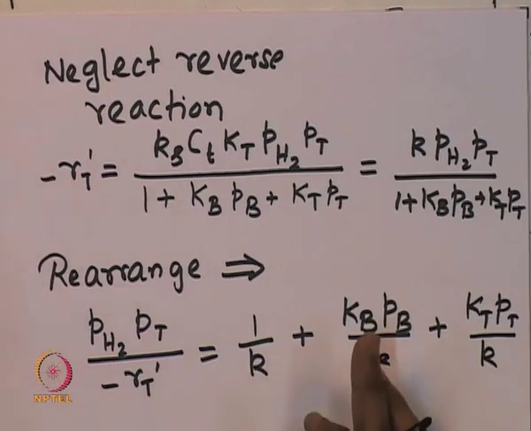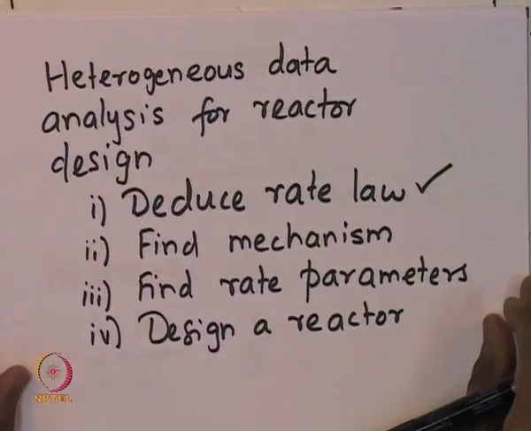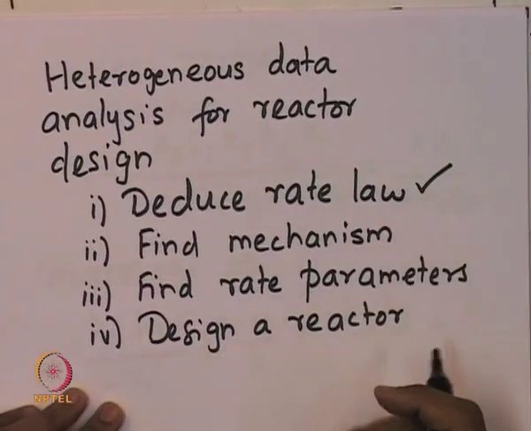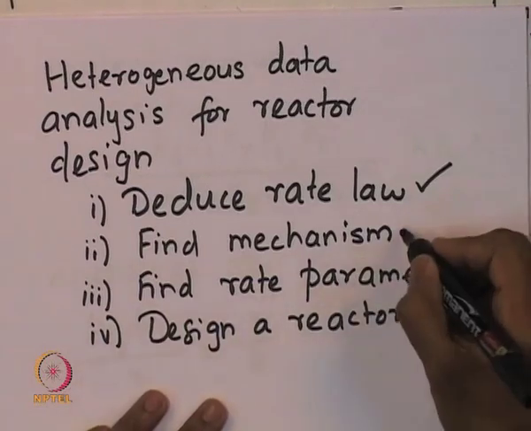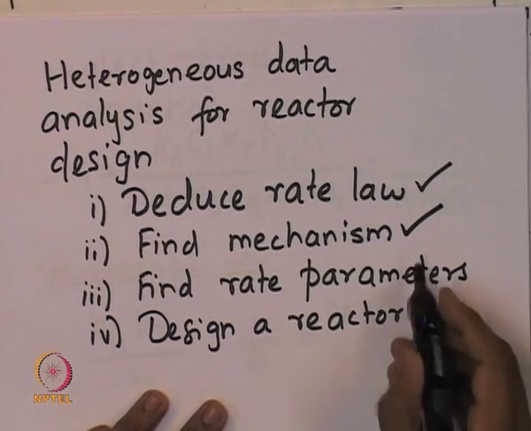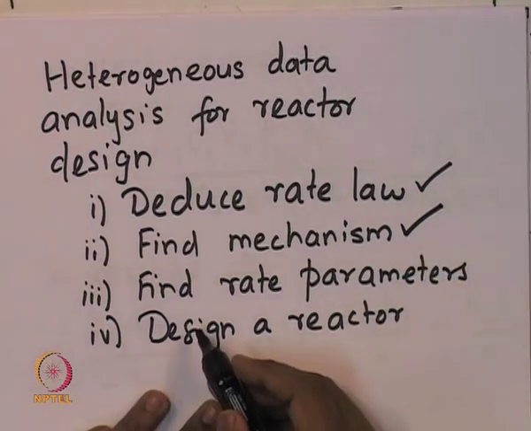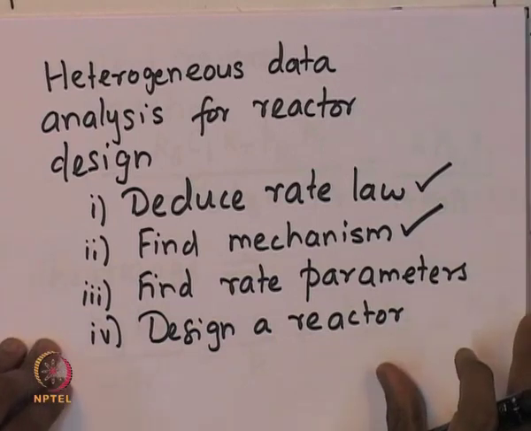So with this we have found the second step. Remember that there are 4 steps here. First we deduce the rate law, and then we find the mechanism. Now that we have found the mechanism, we need to estimate the rate parameters.